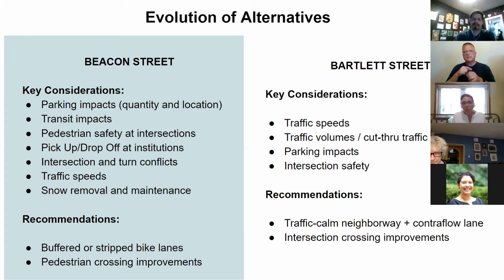The two alternatives that carry forward now from that are still the Beacon Street alternative, where we would take the bike lanes that are started on Beacon Street that go essentially from the park to Whiteman, improve them as buffered bike lanes in the segment almost to Murray, where we have adequate space to do that, and then add just striped bike lanes in the segment from Murray to Shady and beyond.